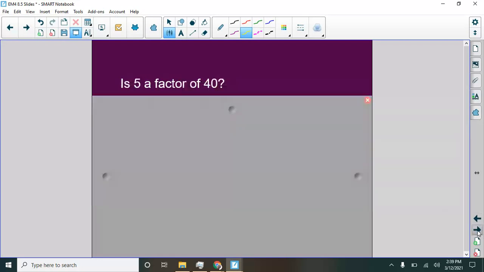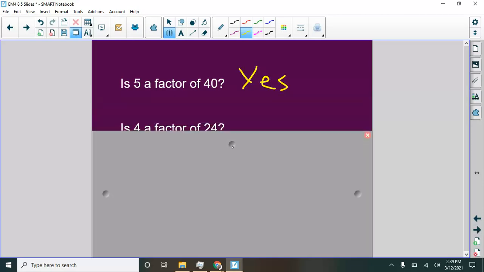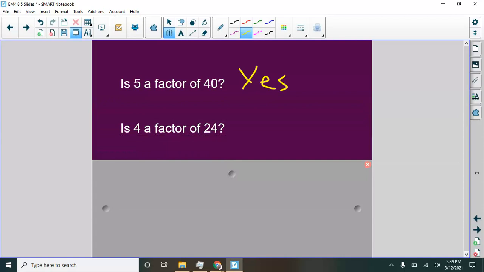And then sometimes we're going to need to ask ourselves, well, so I know a number and I need to figure out, is it a factor of a different number? So is 5 a factor of 40? Well, if I can count by 5s and say 40, then the answer is yes. 5, 10, 15, 20, 25, 30, 35, 40. Yes, this one works. Is 4 a factor of 24?